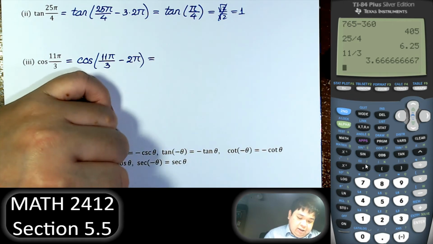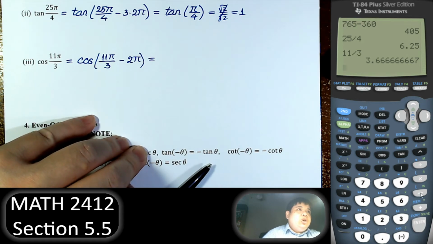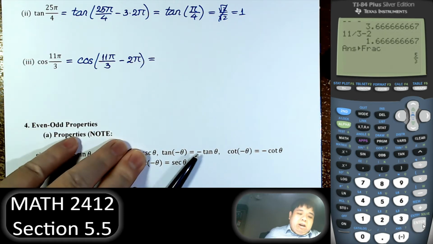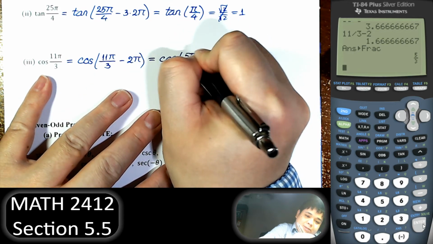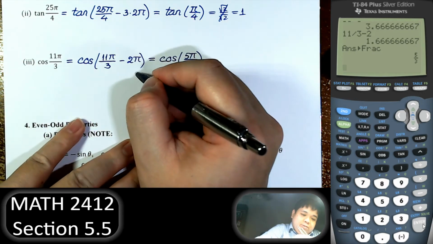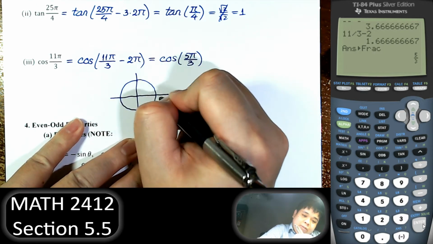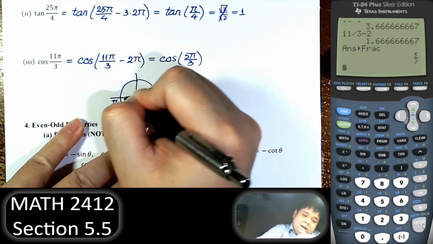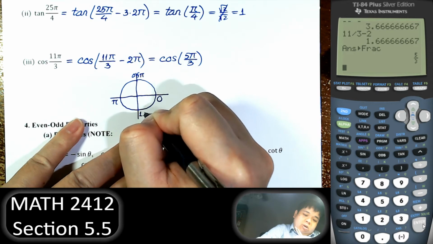So what do we have here? Of course, we take that, subtract 2, and convert to fraction, 5/3. Right, so where's 5 pi over 3? Well, here we have 0, here we have a pi, here pi over 2, or we say 0.5 pi, and here we have 1.5 pi.